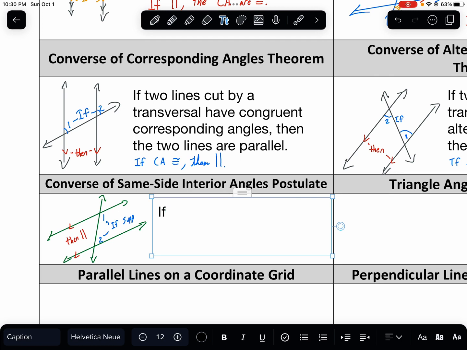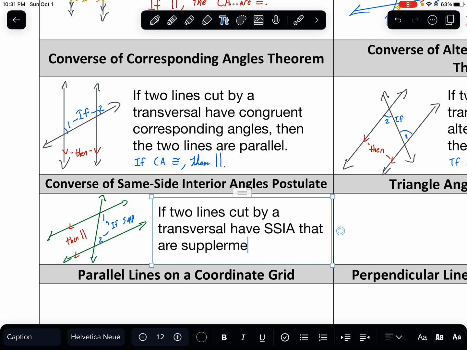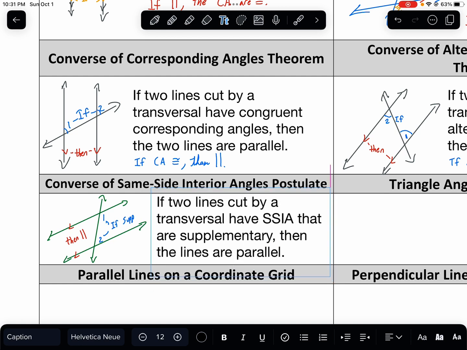If two lines cut by a transversal have SSIA that are supplementary, then the lines are parallel. Yeah, I didn't shorten that one up that much. Just realized I had to use a supplementary. There you go. Then the lines are parallel. Boom, all done.